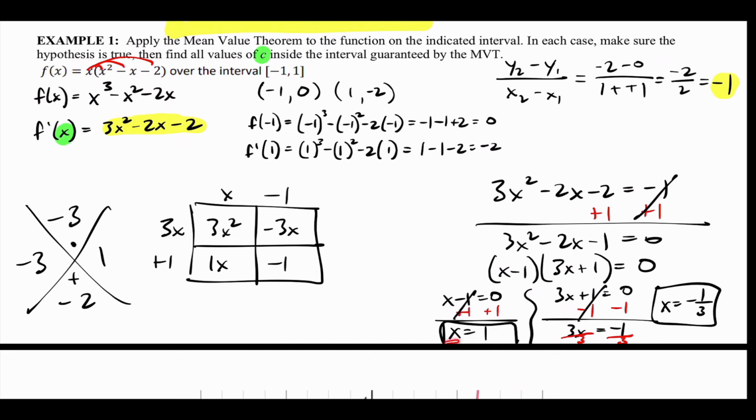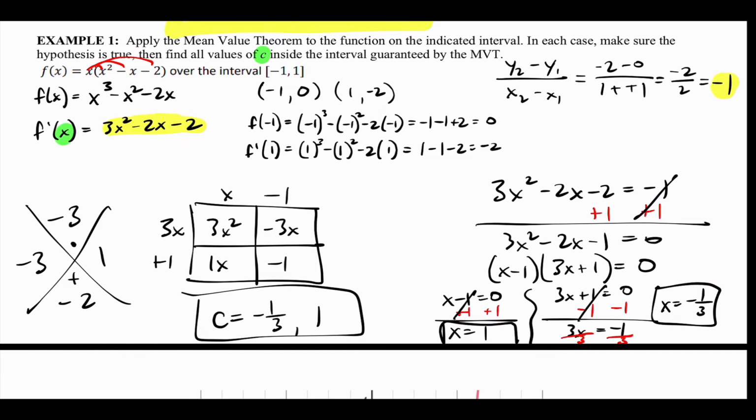So these guys are C. So in other words, C equals negative 1/3, comma, 1. There are 2 points where you would have the same slope, instantaneous rate of change, as the average rate of change.